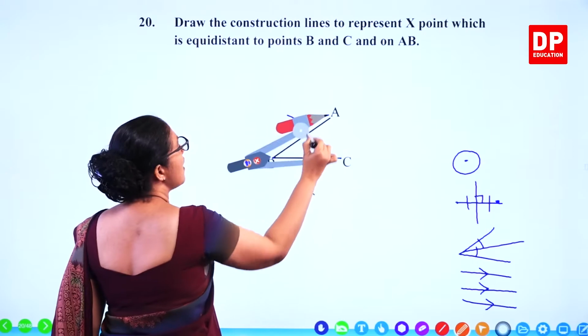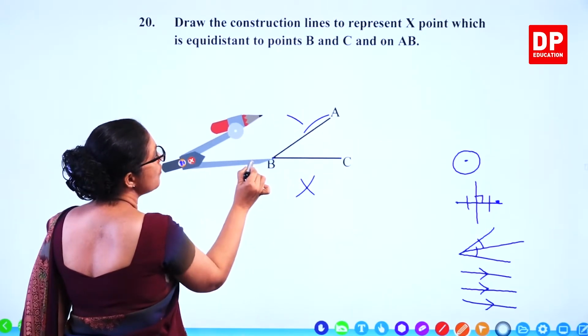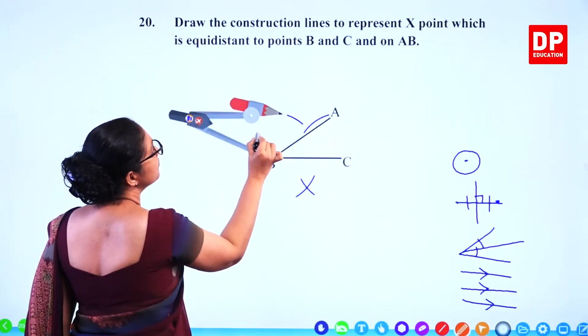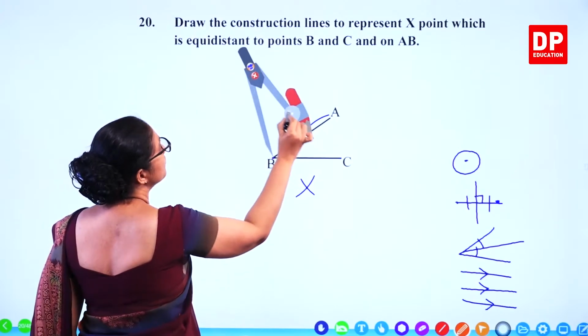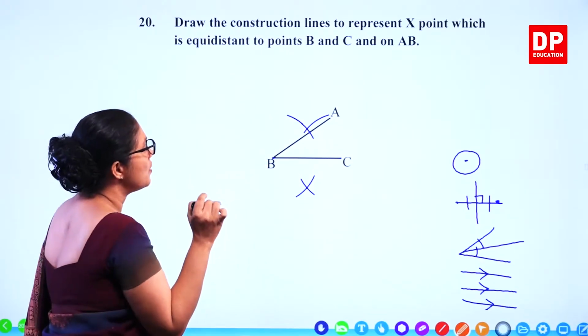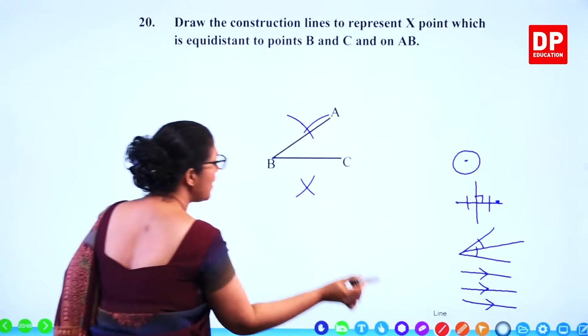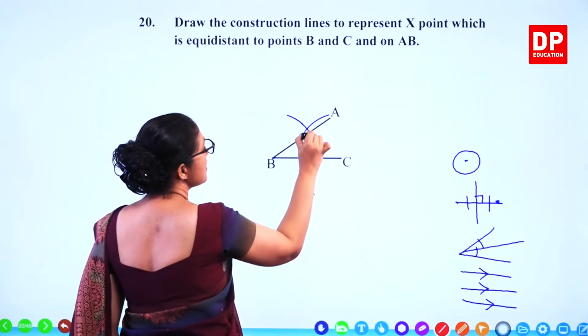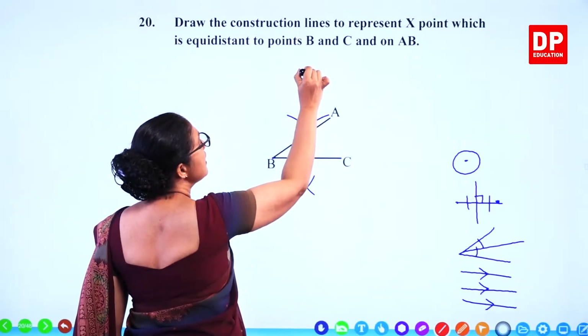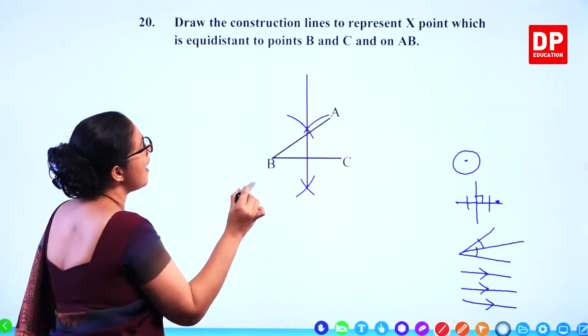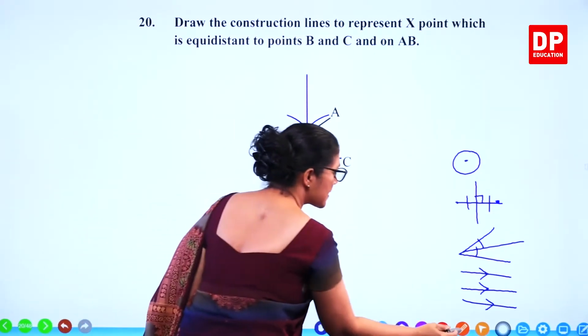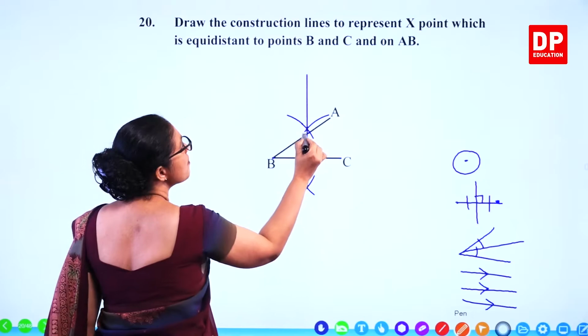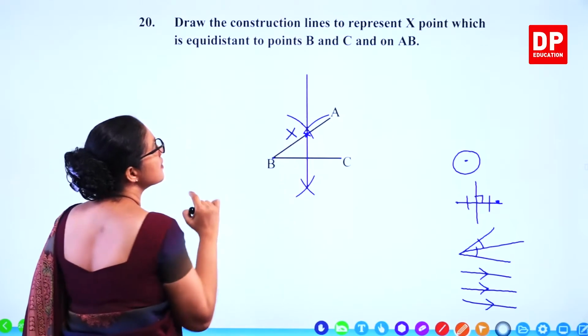See, we can't get the intersection, so you have to redraw it. Now we have the 2 intersecting points. You can draw the perpendicular bisector, and where it cuts the AB line, that's the point X. So this point is X.